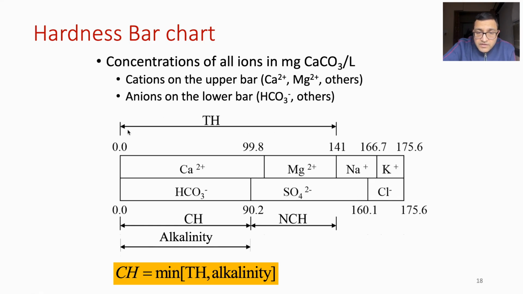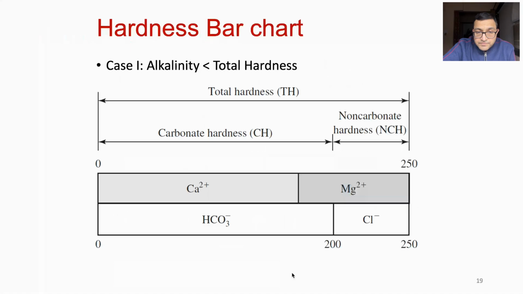And then this chart is very helpful to look at the relationship between the total hardness, the carbonate hardness, and the non-carbonate hardness. Here you can see the carbonate hardness is coming from the bicarbonate, which is also the alkalinity of the system. So mathematically speaking, carbonate hardness is defined as the minimum of the total hardness and the alkalinity.